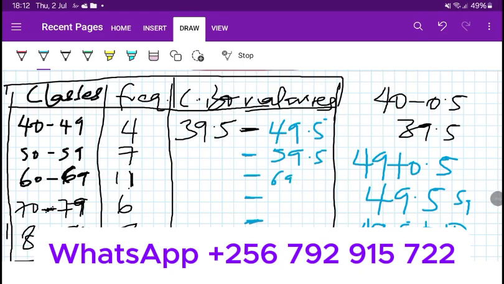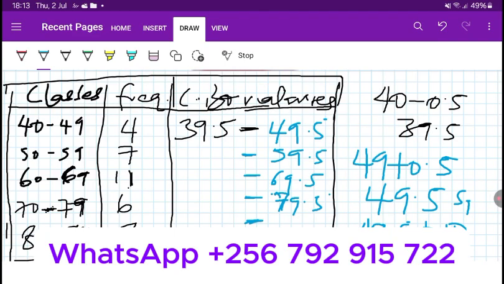So this will be 69.5. This will be 79.5. Even this one will be 89.5. So there are very many tricks, but don't use these tricks if you don't understand it. First, take it from the basic point of view.